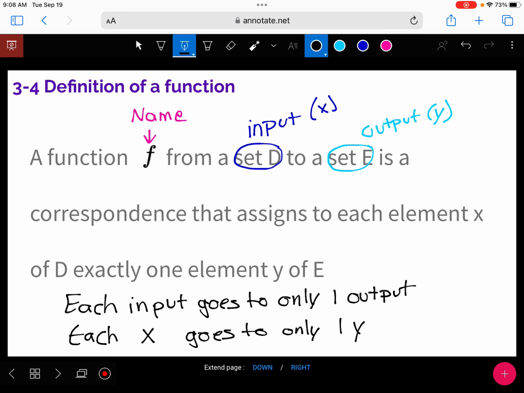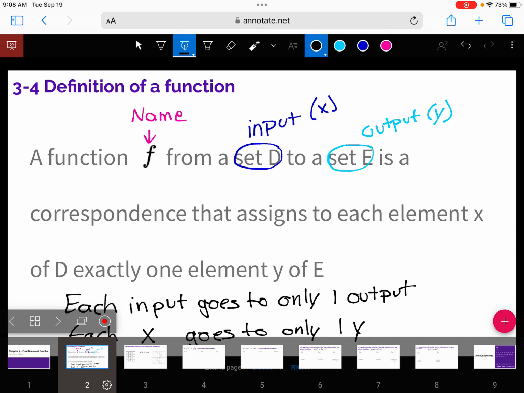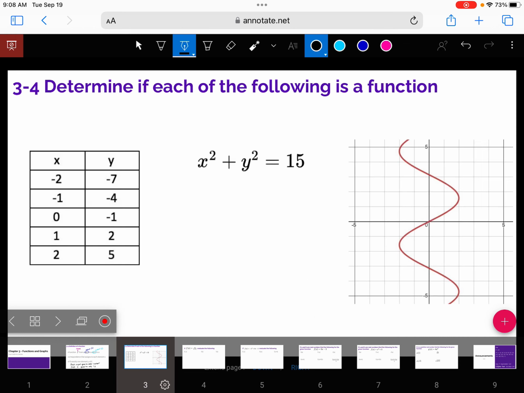And we're going to practice this. I'm going to put these up. The values in the table are not super specific. You do not have to draw it as a grid. We're just saying, is it a function?